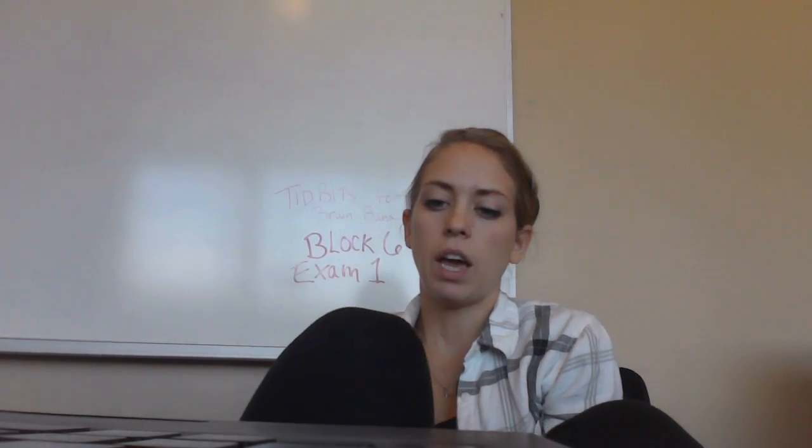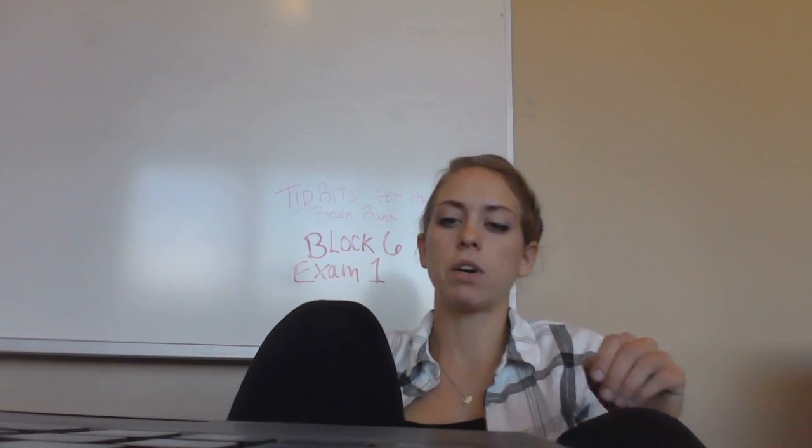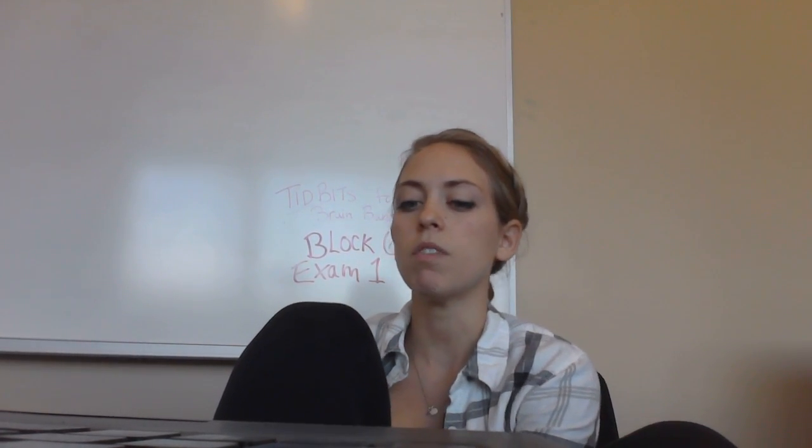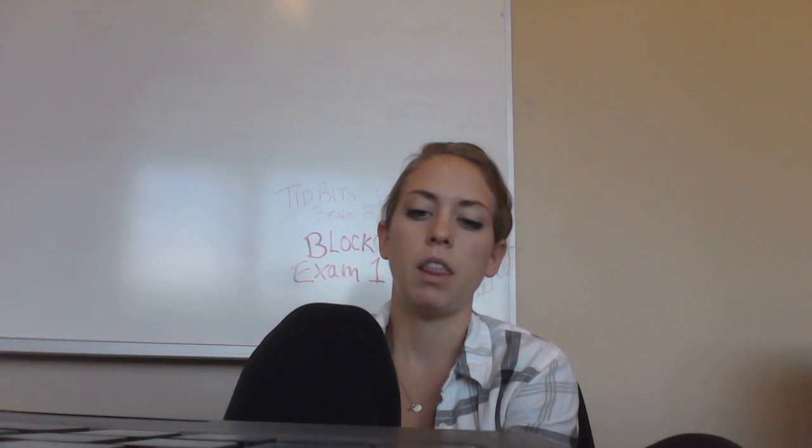Almost done. Okay, so now I'll talk about hypercalcemia, which I've been trying to say this whole time. There are certain things that can lead to hypercalcemia, and then there are certain ways to correct it or prevent it.